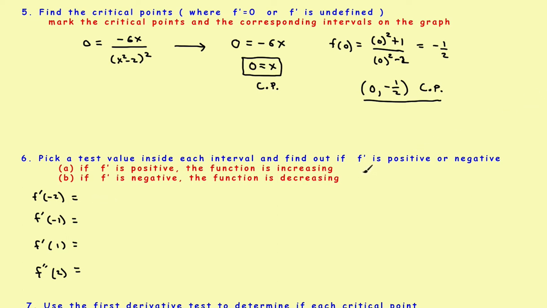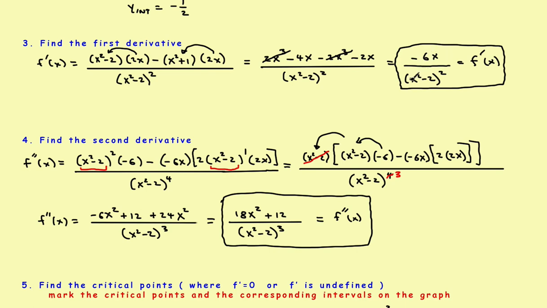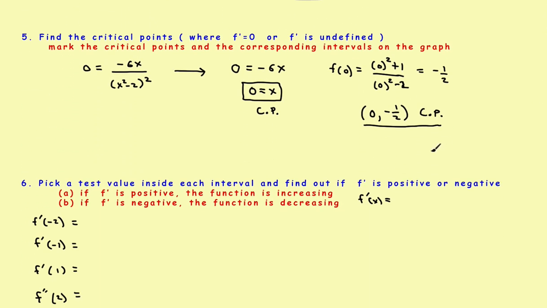Now, just a reminder, the first derivative was, and we can look right back up here to find it, minus 6x divided by x squared minus 2, squared. So I'll write this down here just so we have it. Now what you want to know is, when you plug in the test point, is the derivative positive or negative?